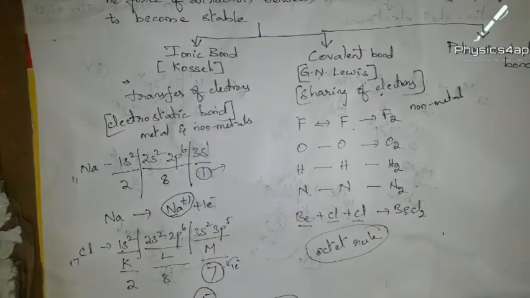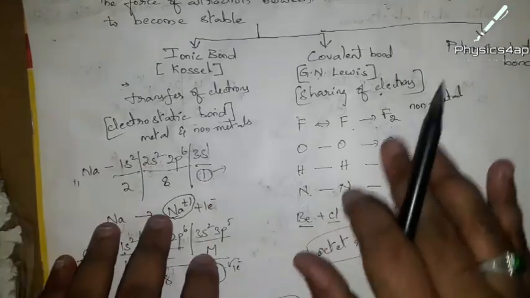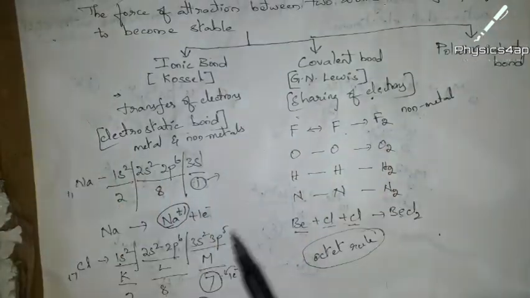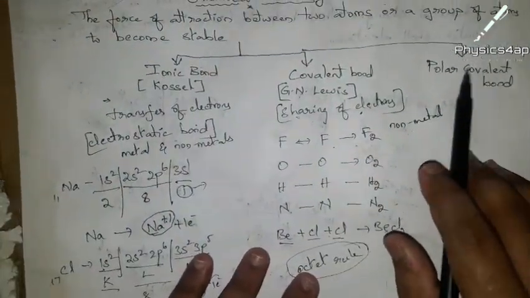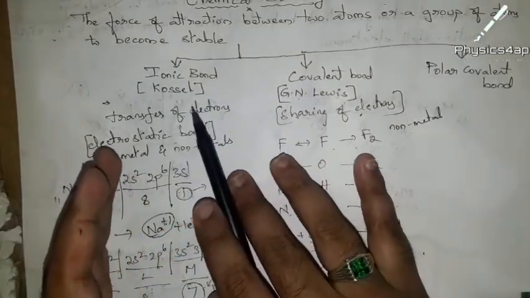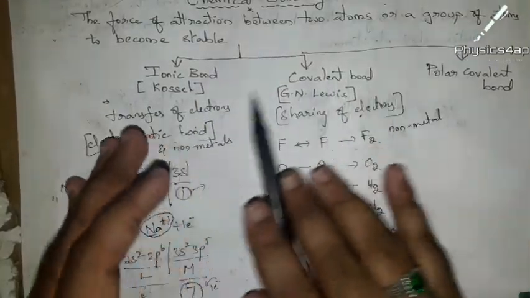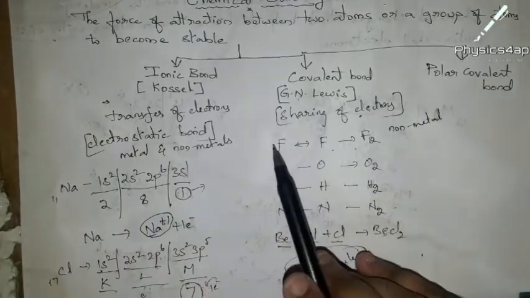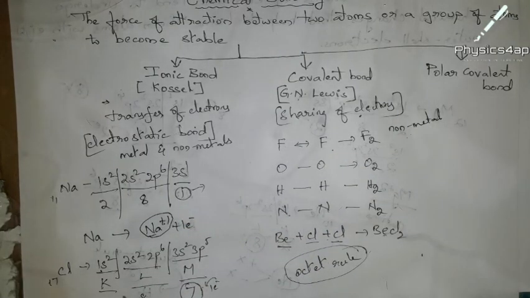We are going to discuss more about the ionic and covalent bonds in the further classes. And the polar covalent bond has the properties of both the ionic bond and the covalent bond; both ionic and covalent character exist in it.